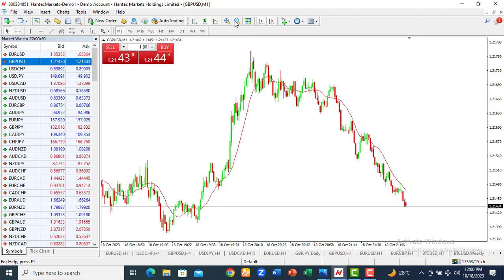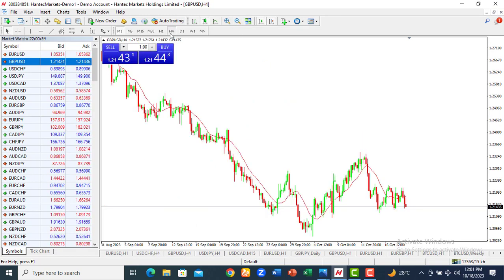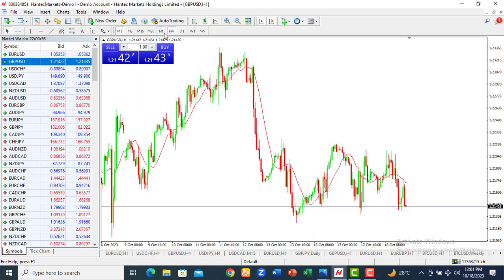Since you want to trade in favor of the trend, you use your sell stop order. I wish to get a good example right now. Even though this is not my good example, generally this market is falling, it's moving down.